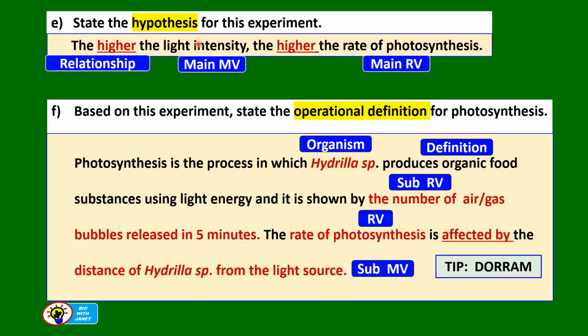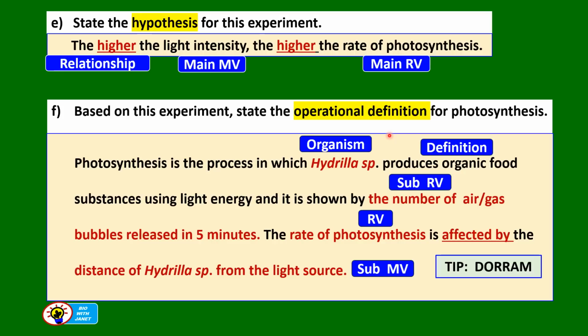Can we write that to be the hypothesis? Well, it's not so good because it's not the main MV and RV. It's the sub MV and RV. If you write about the distance between light bulb and Hydrilla species and the number of gas bubbles produced. So stick to the main MV, which is the light intensity, and main RV, rate of photosynthesis. Unless you're not sure, then you can write both down. But this is the better hypothesis, as you can see from the textbook.